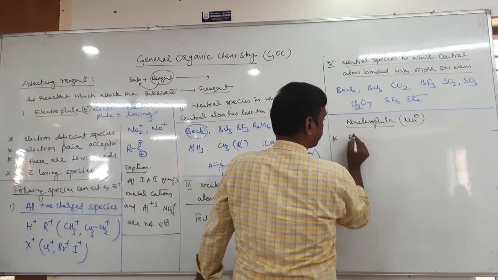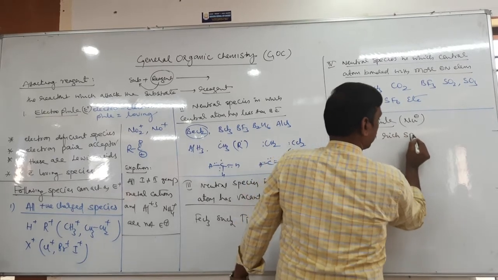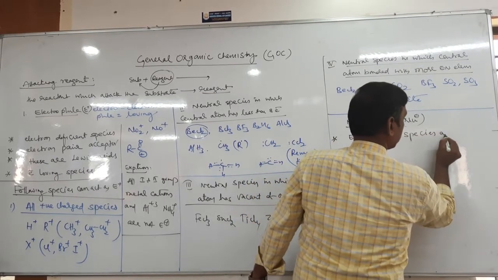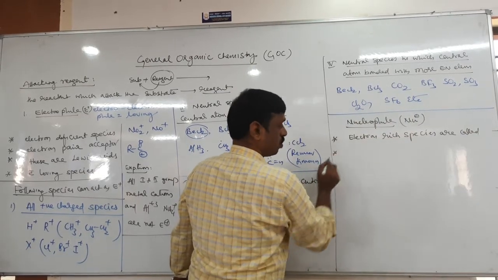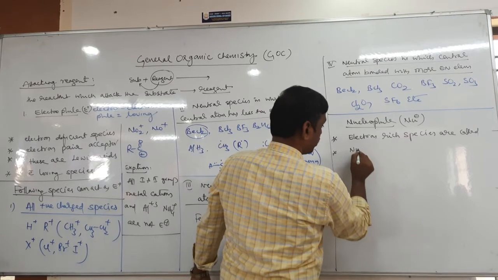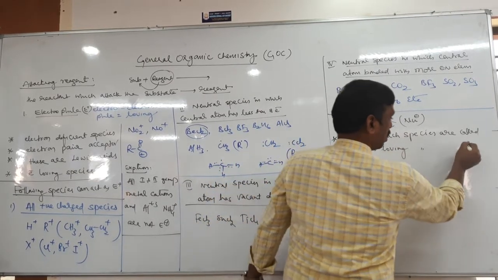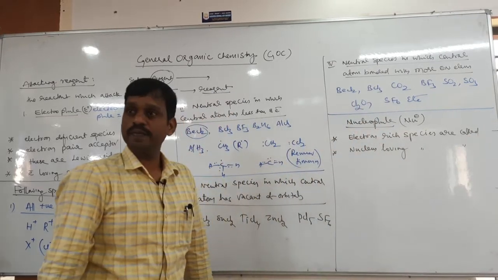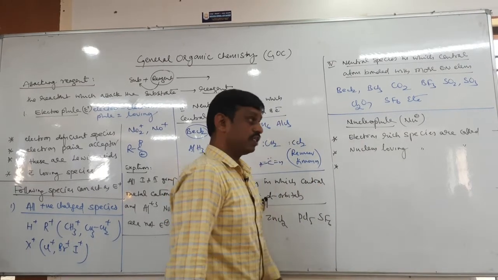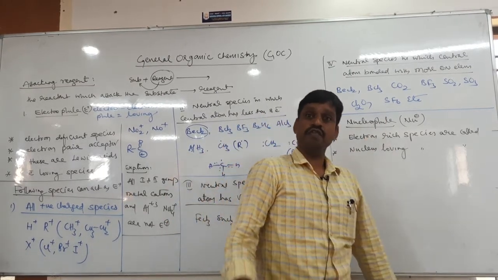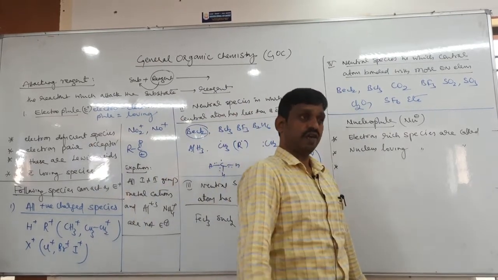So therefore, what are the nucleophiles? Electron rich species. Electron rich species are called nucleophiles. Nucleus loving species are also called nucleophiles, or say electron rich species. Usually which species are electron rich? The species which have one or more lone pair electrons.